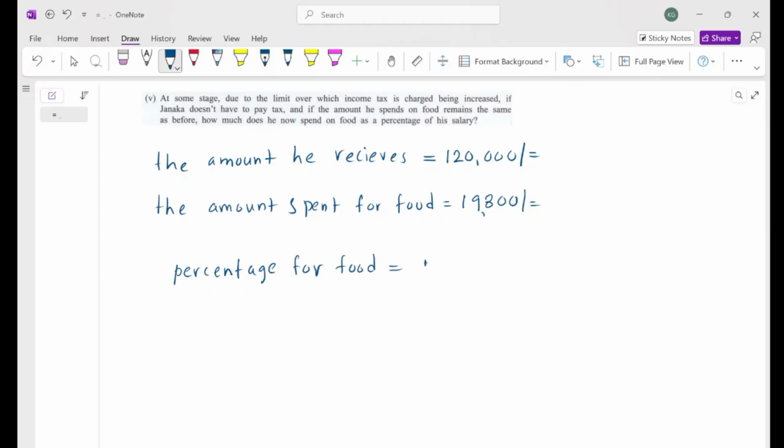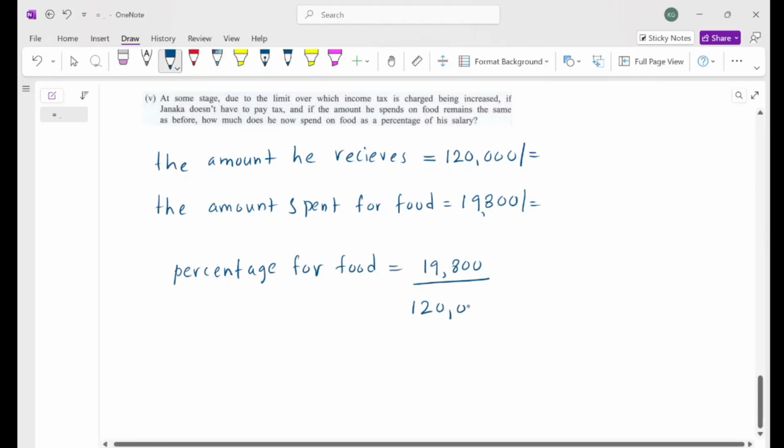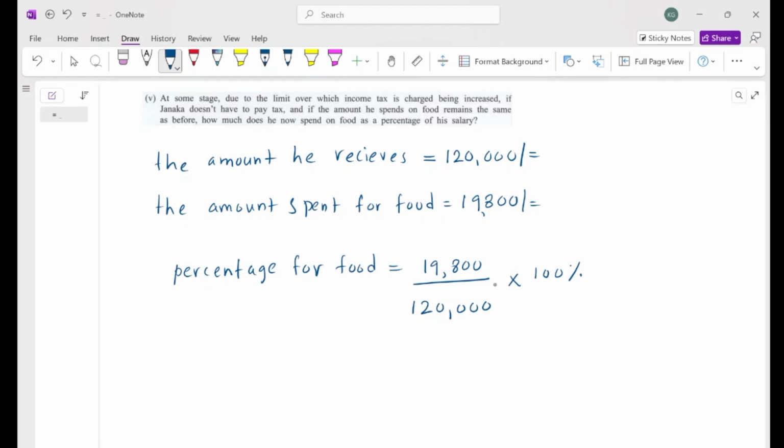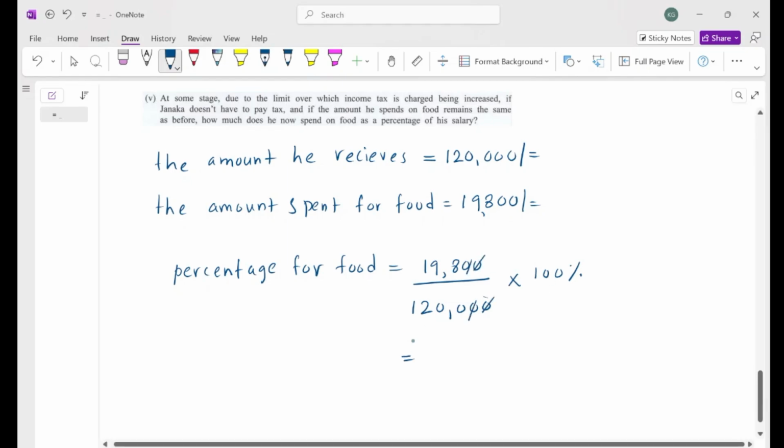Now he spends 19,800 for food out of the 120,000 he receives. To get the percentage, we have to multiply this by 100%. Let's simplify this. By simplifying this, we get 16.5%.